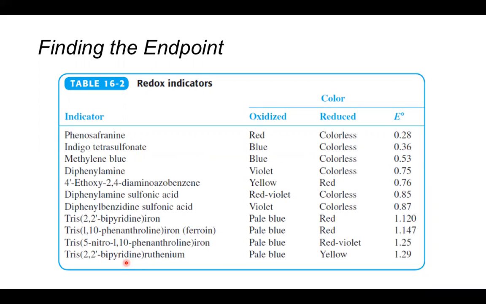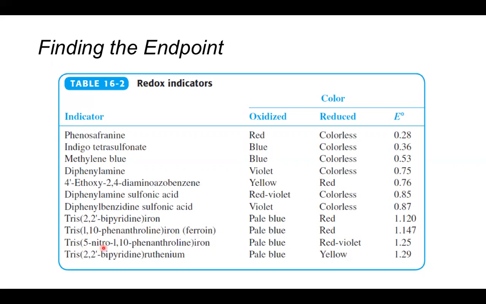The redox indicators are listed here. These are some of the common indicators that we can have. We have things like phenylsafranine, indigo tetrasulfonate, methylene blue, diphenylamine, 4'-methoxy-2,4-diaminoazobenzene, diphenylamine sulfonic acid, diphenylbenzidine sulfonic acid, tris-2,2' iron, tris-1,10 phenanthroline iron, which is the one we just saw, the ferroin.